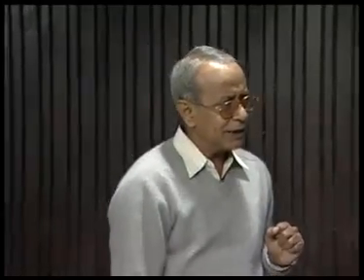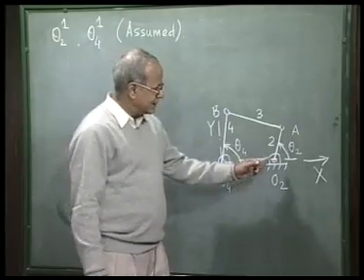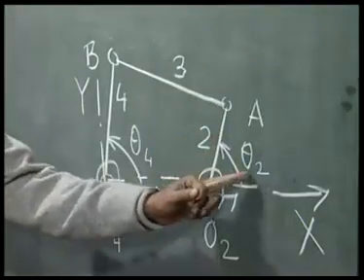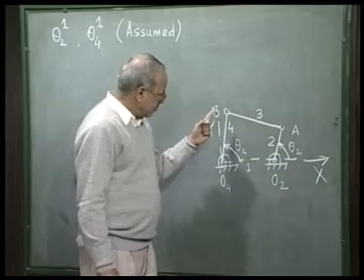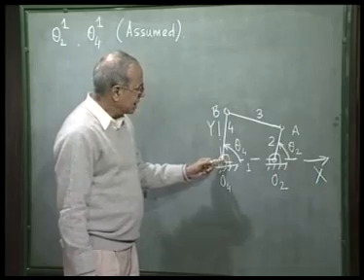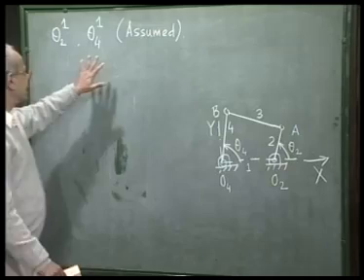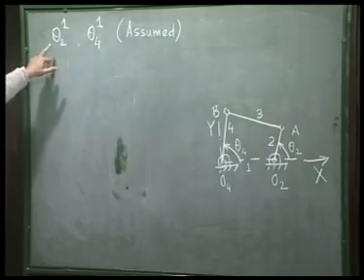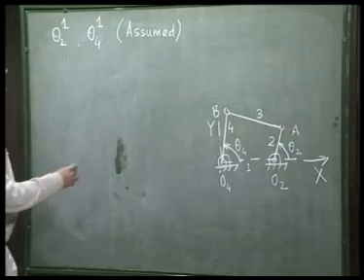In the graphical methods, what we assumed is the location of the point A, that is corresponding to the first configuration, that is the link length L2 and theta 2 1, or we could have assumed the point B corresponding to the first configuration, which means assumed is L4, the follower length, and theta 4 1, whereas here we are leaving the link lengths as unknown parameters, and we are assuming the values of theta 2 and theta 4 corresponding to the first configuration.